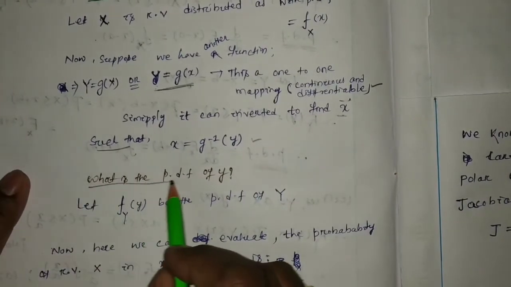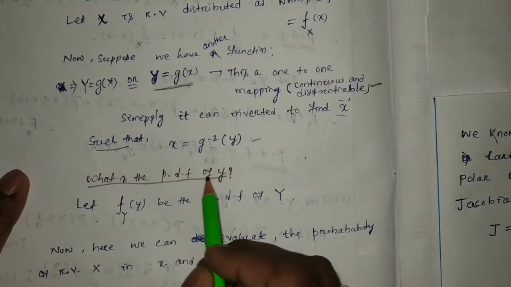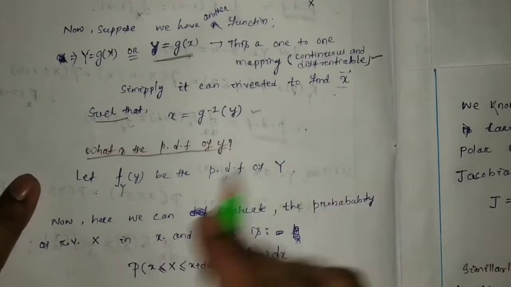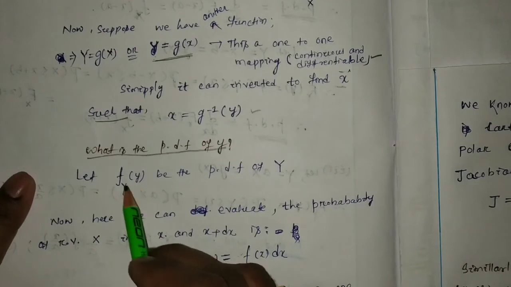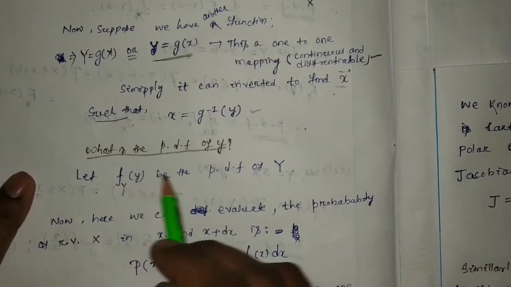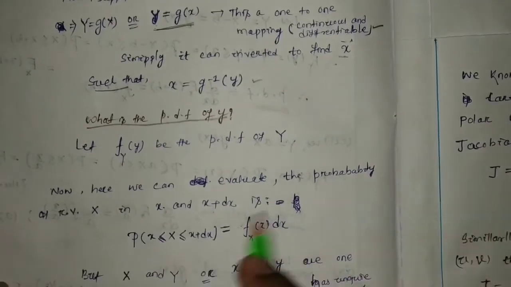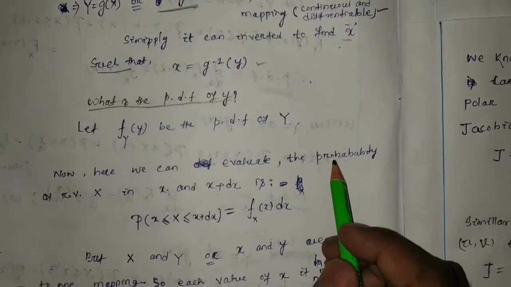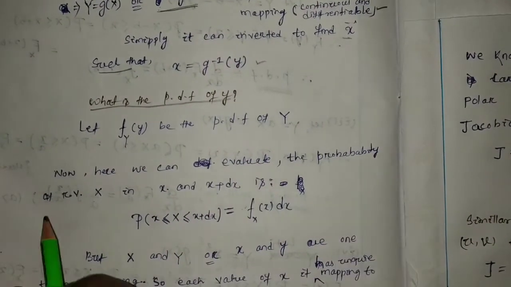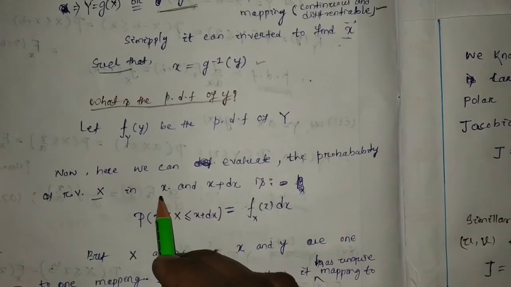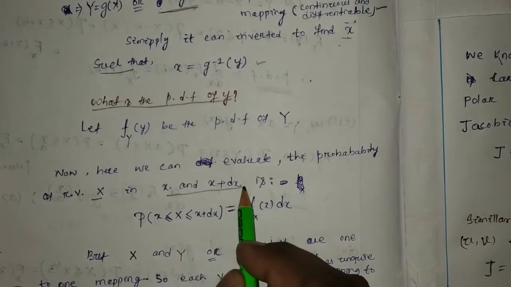Now we intend to find out the PDF of y. Let f of y be the PDF of y. Now here we can evaluate the probability of random variable x in x and x plus dx.